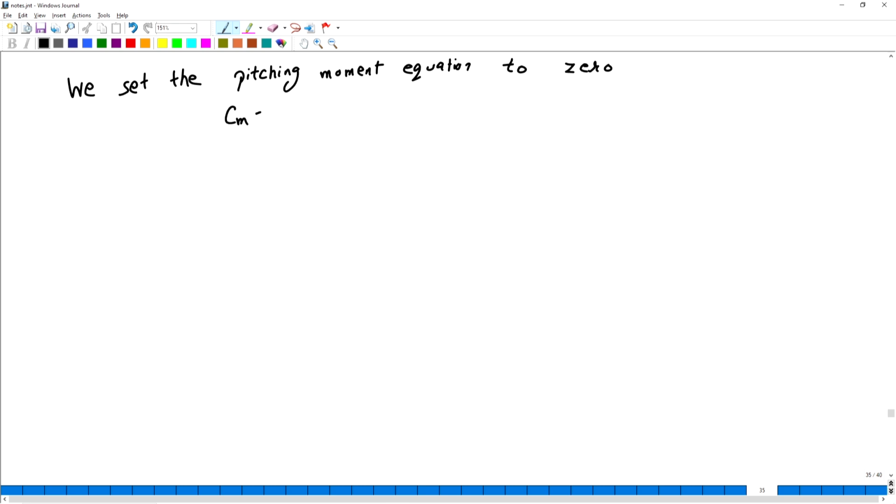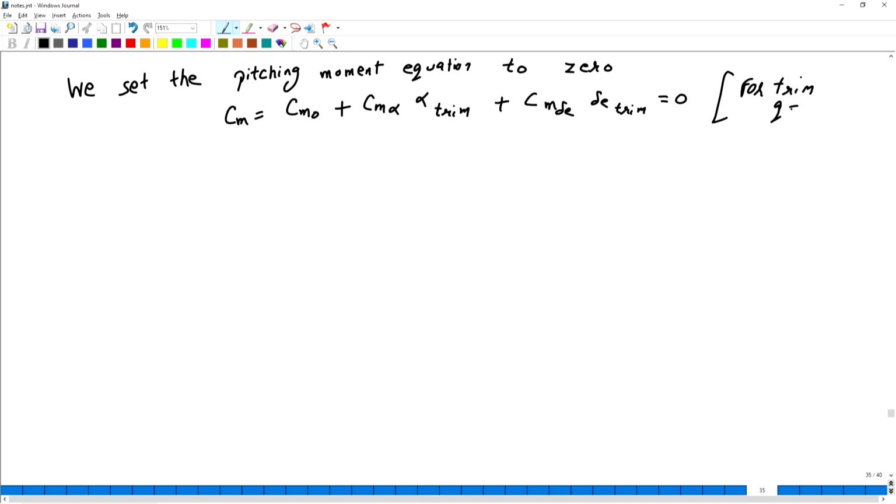Cm equals Cm naught plus Cm alpha into alpha trim plus Cm delta E into delta E trim, which is equal to 0. So many students get doubt, do we have Q dependencies over here? Obviously it is no. For trim we have rates equal to 0. Alright. So let me find delta E trim from here.